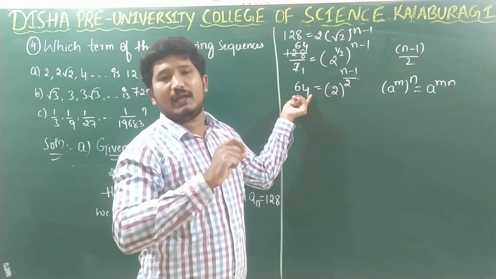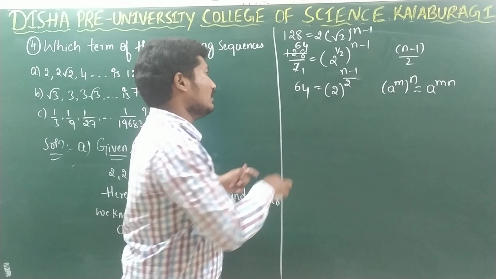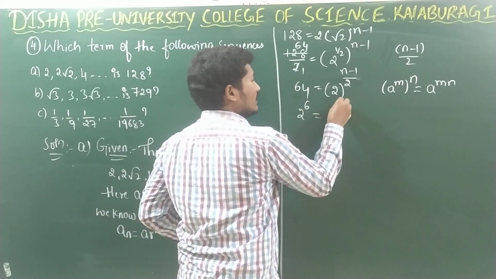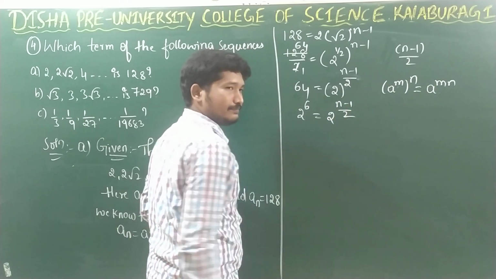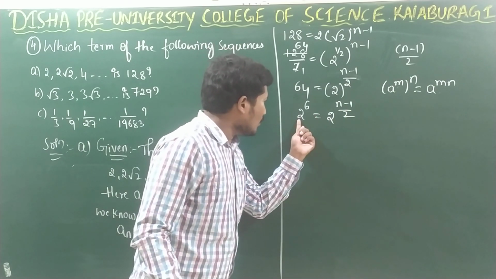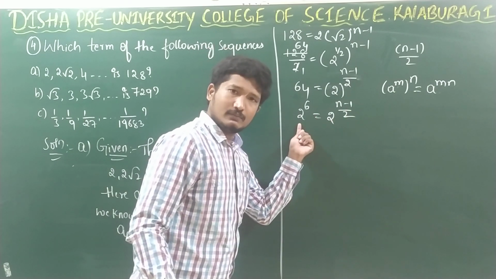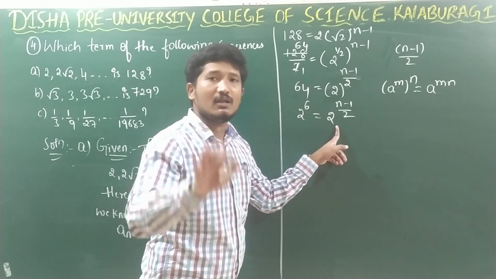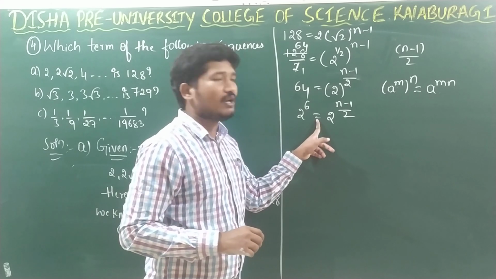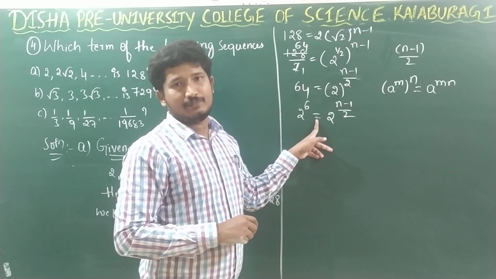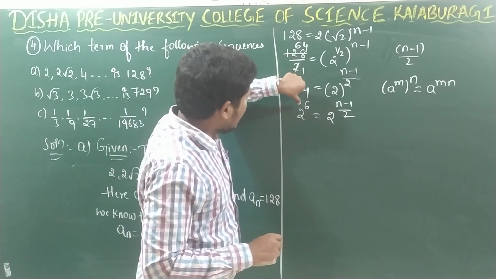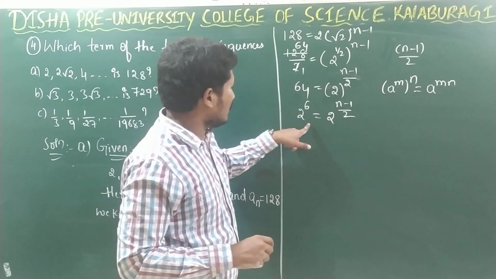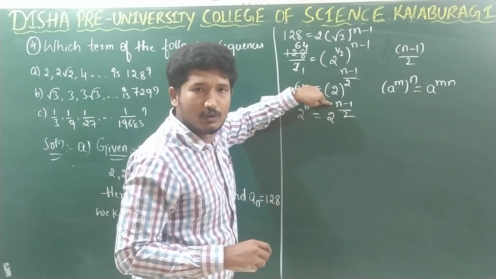You can multiply 2 six times and check that. So this will be 2 power 6 is equal to 2 power n minus 1 by 2. Now, see, both the terms are equal, right? That is, the value of this term as well as this term must be same. That is why we are using the equal sign. Then, to get the same value for both the terms, powers must be equal, right?